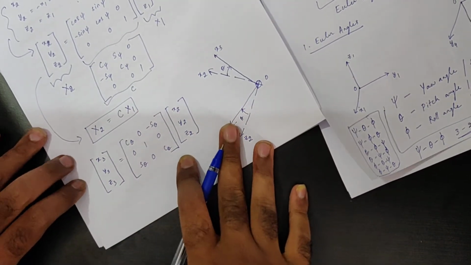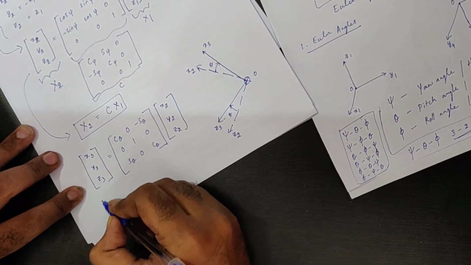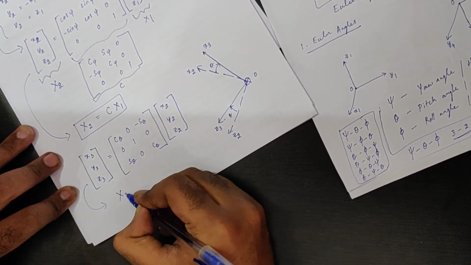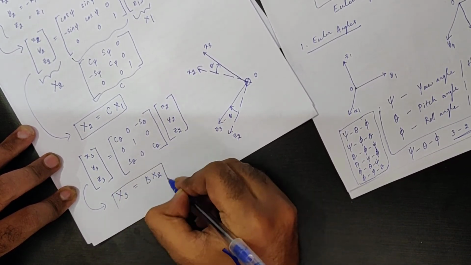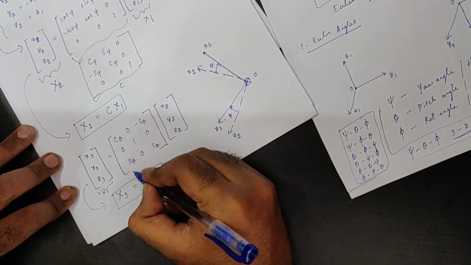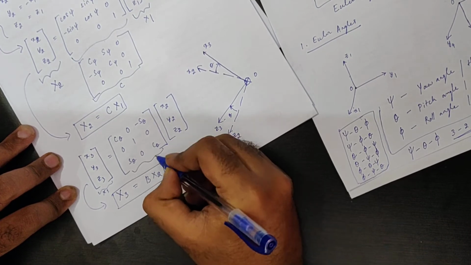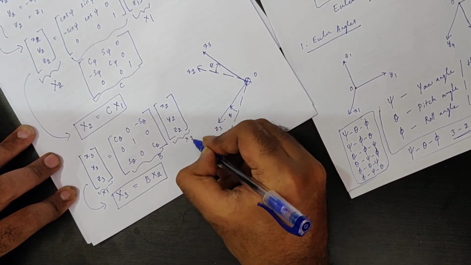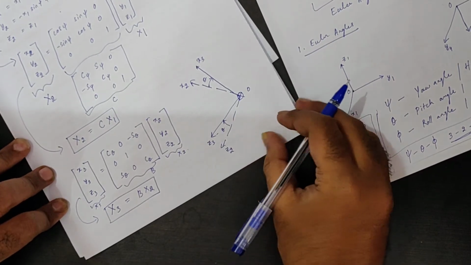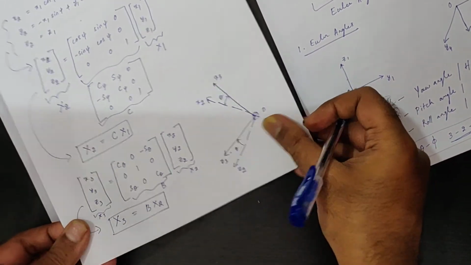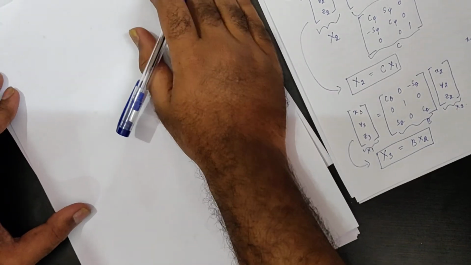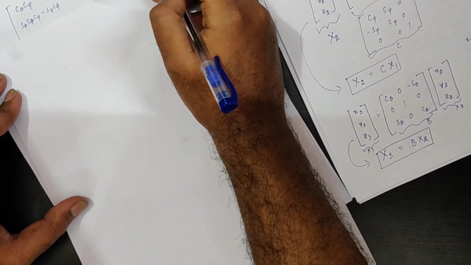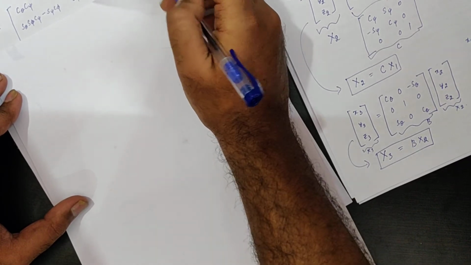It is very easy. And then this boils down to x3 equal to B x2. So this is x3, this is B, and this is x2. So we are left with the last rotation, that is about the roll axis, that is phi.